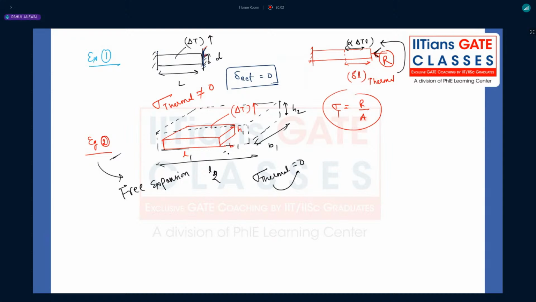In the first example, whatever stress there is will be in the X direction; in the Y direction it will be zero, and in the Z direction it is free to expand, so again it is zero. There will be strain, but stress will be zero. Getting my point?